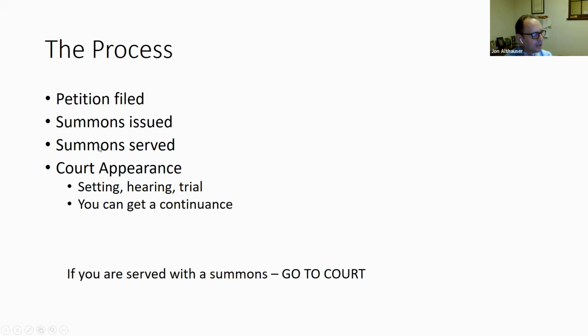The summons can be served by a sheriff's deputy. That's one of their main roles, service of summons. It also can be served by a special process server, which in a lot of landlord-tenant cases is typical. Then you'll have a court appearance. Usually in the type of cases we're discussing today, the summons will have a return date, a date that you should appear in court.